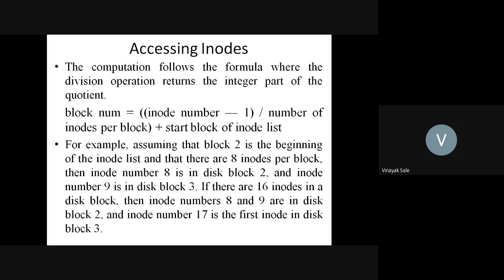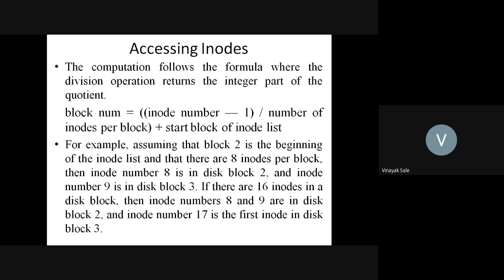Suppose there are a total of 8 inodes, then inode number 8 will reside in block number 2, because here we have taken block number 2 as the beginning of the inode list.